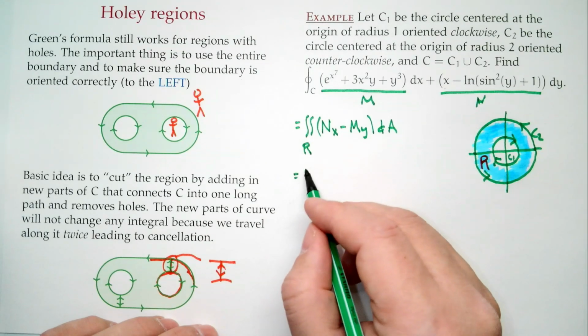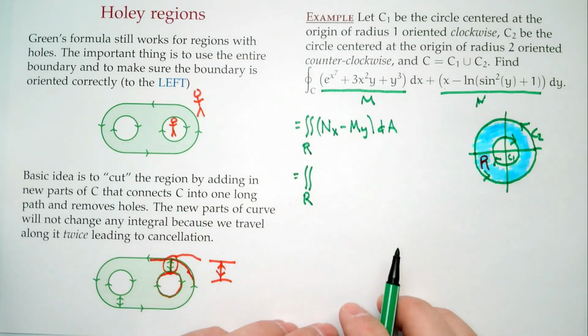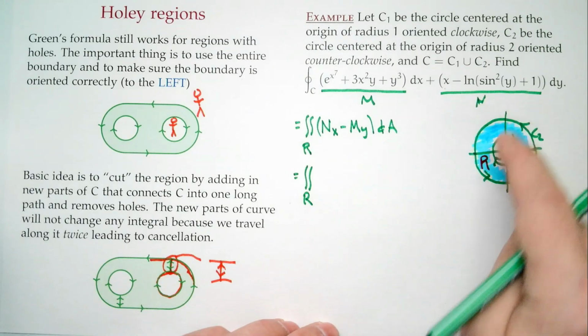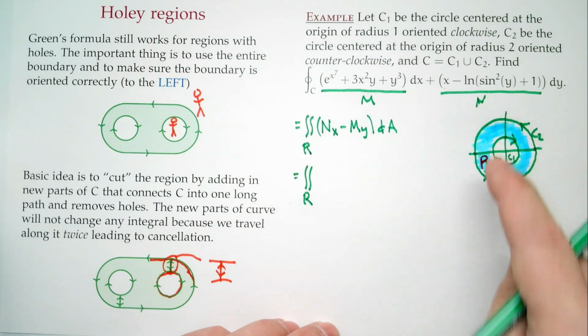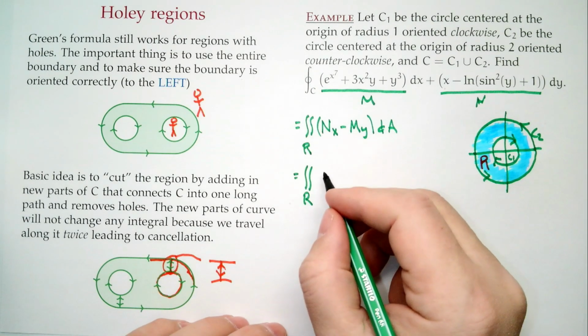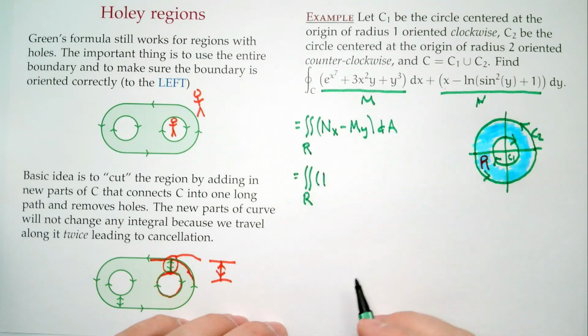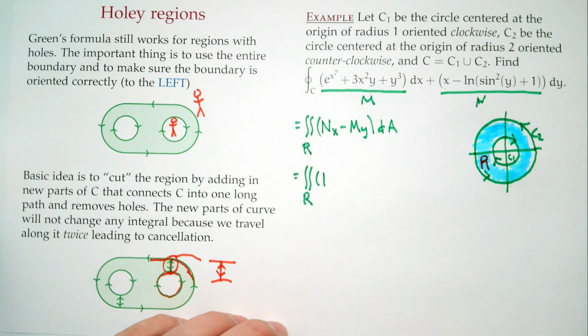All right, so that's going to be the integral over our region. Now, let's come up to N sub x. What do we get? We get 1, right? Because that really terrible part goes away. Oh, that's good news for us. We like it when things get simpler. 1. Now we come up to M sub y. Well, what happens there?